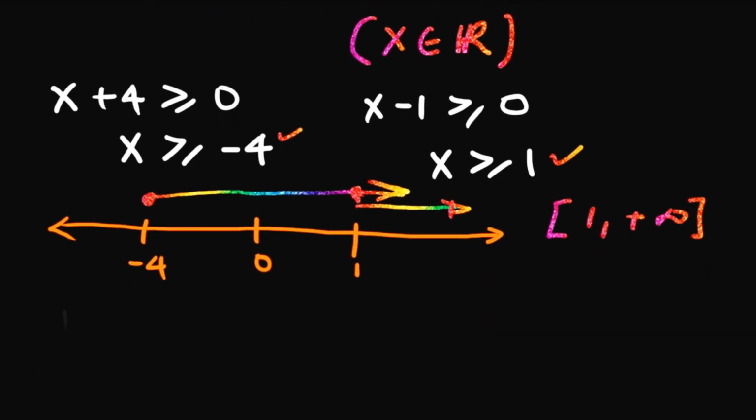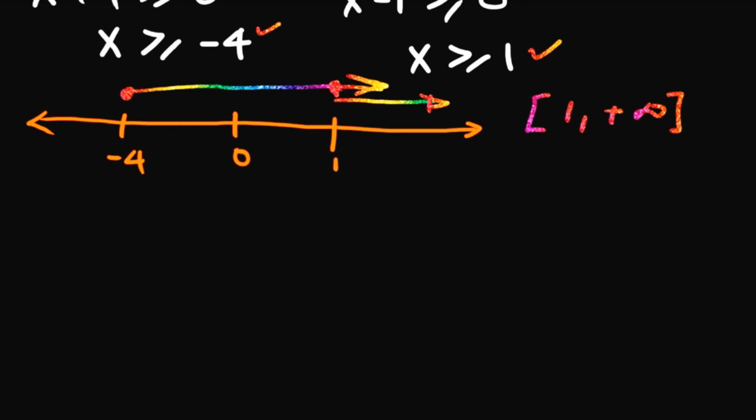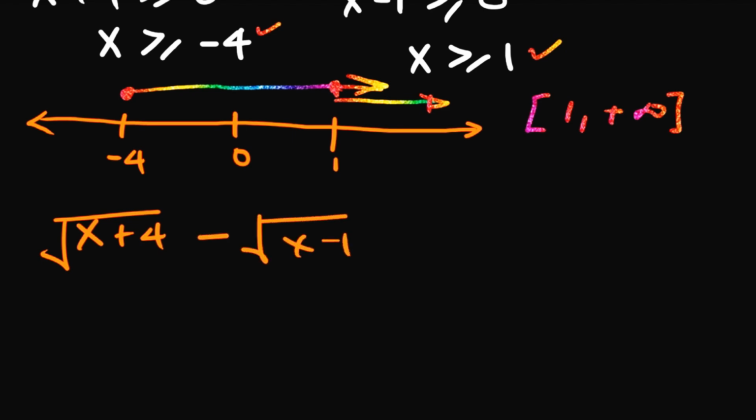So we have the square root of x plus 4 minus the square root of x minus 1 is equal to 1. So the first thing to do is to make sure that we are left with one radical on one side.